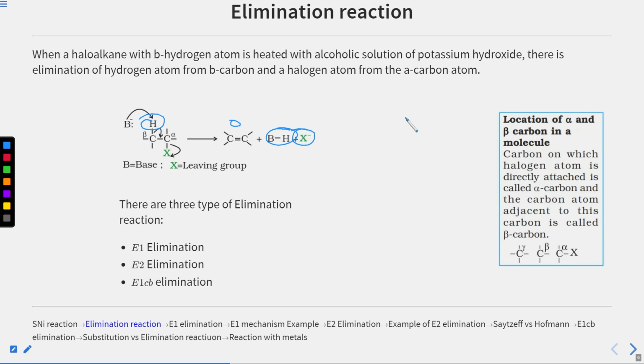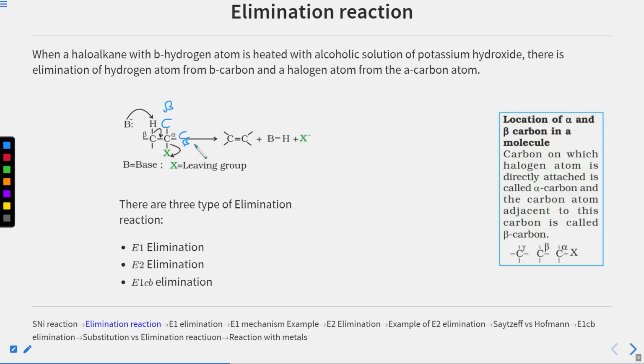Now what are this alpha and beta carbon? What is the location of this alpha and beta carbon? The carbon which contains the halogen that is to be removed is called the alpha carbon, and any carbon that is just next to it, suppose there is a C here or a C here, all of these three carbons would be called beta carbon.